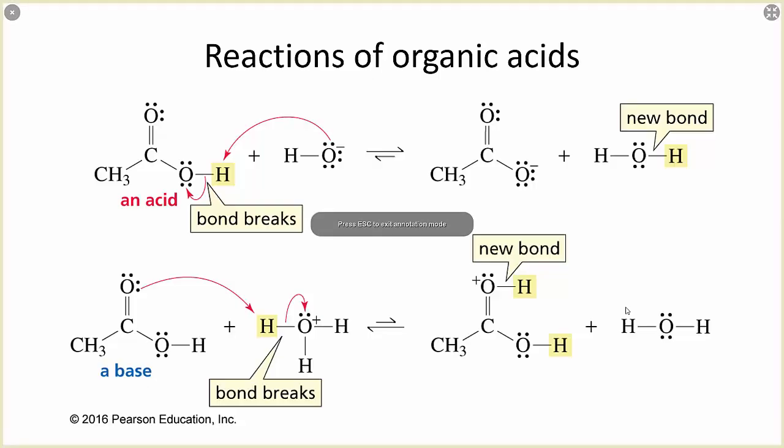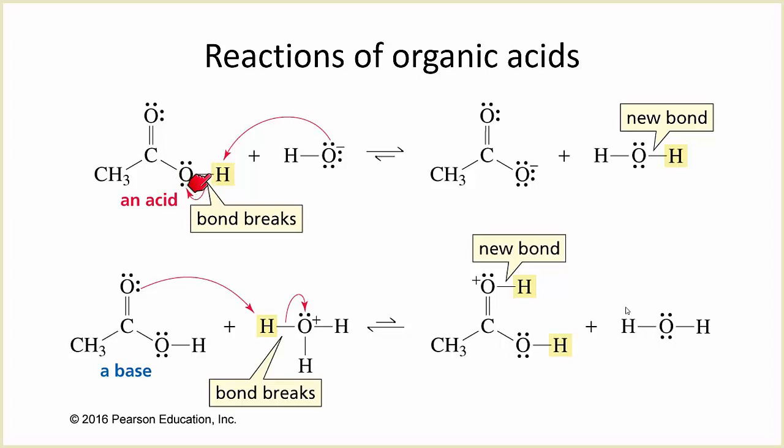Here's another couple of examples. In this case, hydroxide is my base. That's here. And it's going to pick up the proton from the acid. And so we start with a pair of electrons and we draw it to the hydrogen.